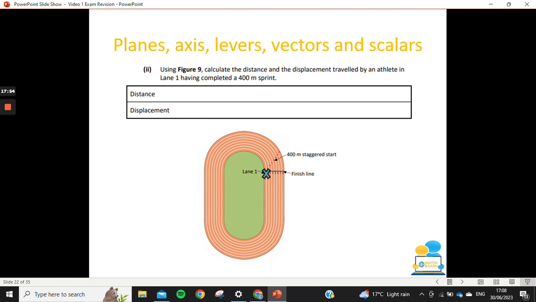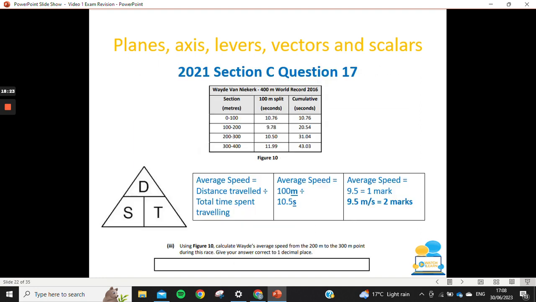So our distance would be 400 meters, whereas our displacement, this is where we started in lane 1 at the X, we sprinted all the way around back to the X, so our displacement at the X would be 0, as we travelled 400 meters, but we didn't move from our start point. We returned back to our start point again, so our displacement would be equal to 0.